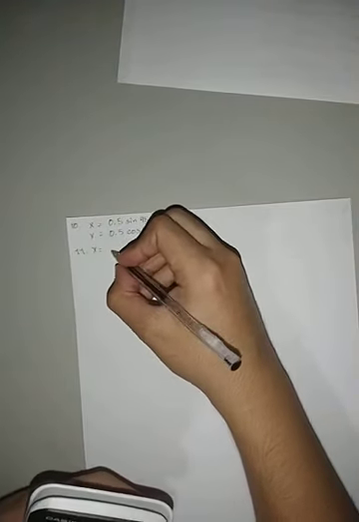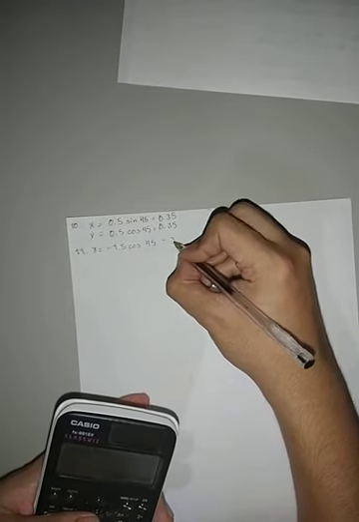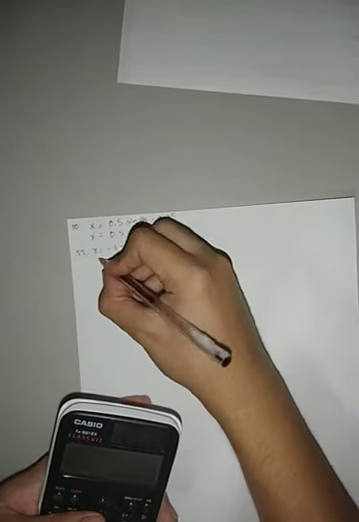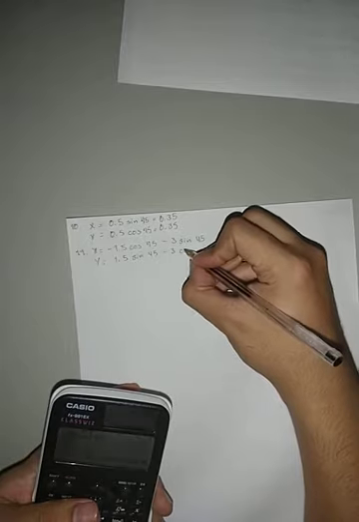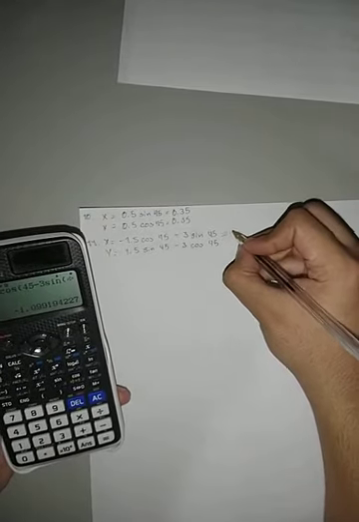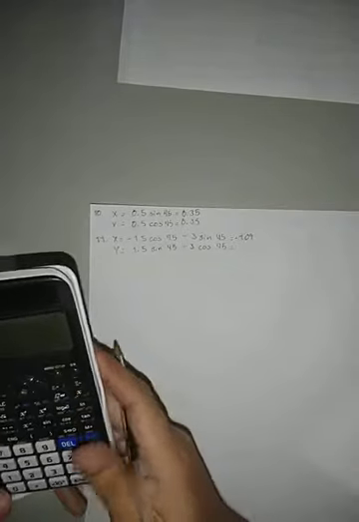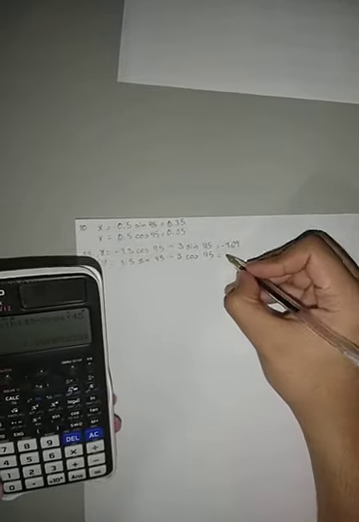For the 11th point, this is x equals to minus 1.5 cosine of 45 degrees minus 3 sine of 45 degrees. This equals to minus 1.09 and 1.02.